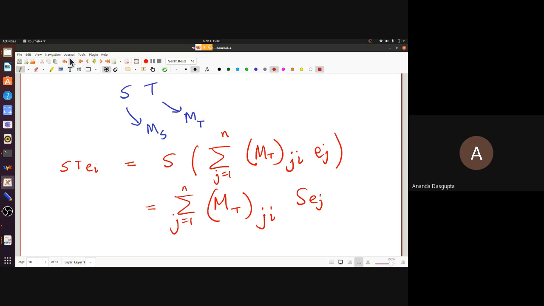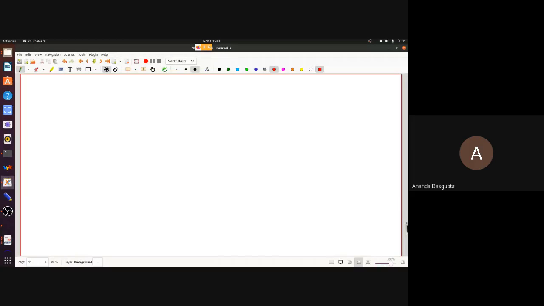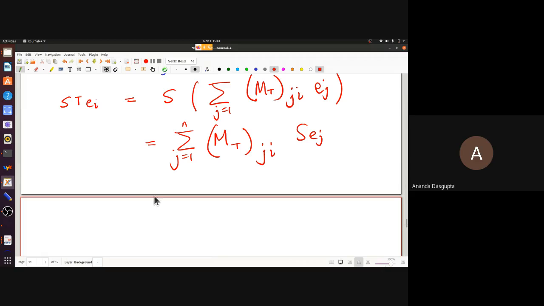Let me just put a new page after this. Okay, maybe a change of color may be good. So this is going to be, I'm confusing myself with my own notations, but this is M_S.